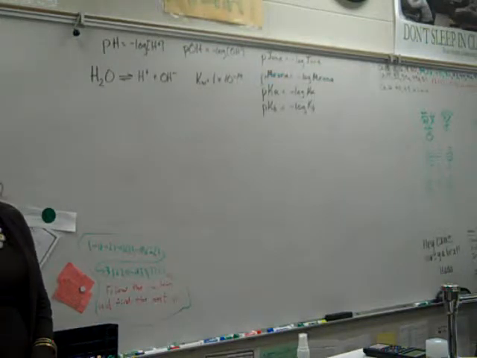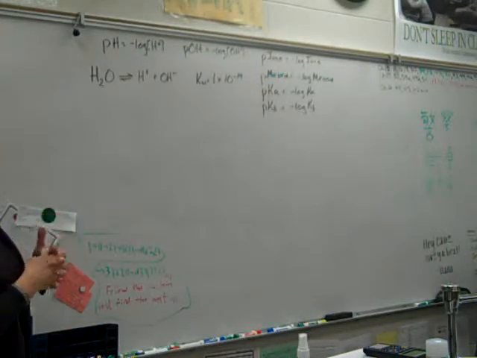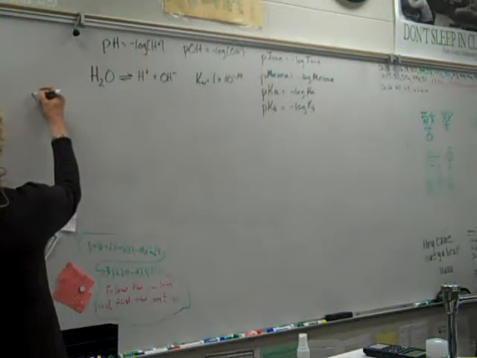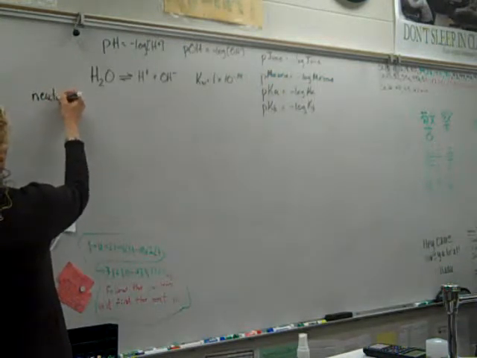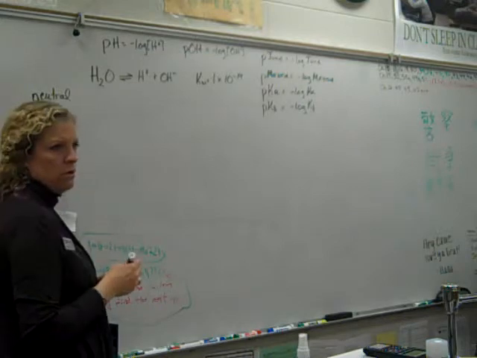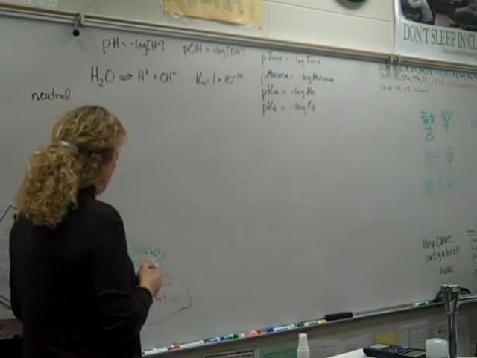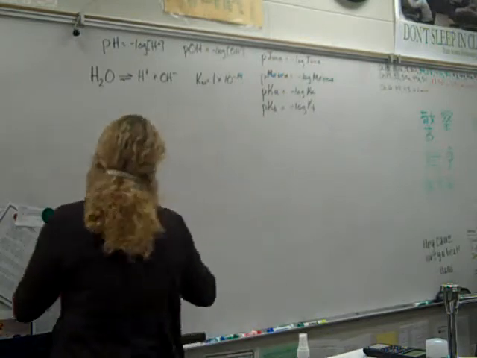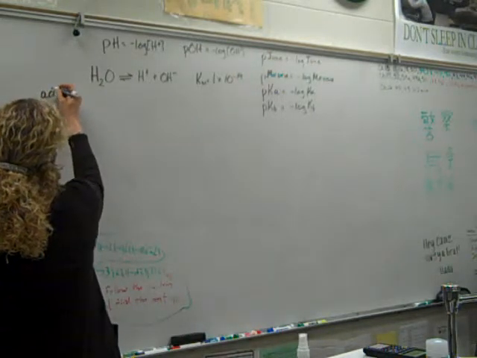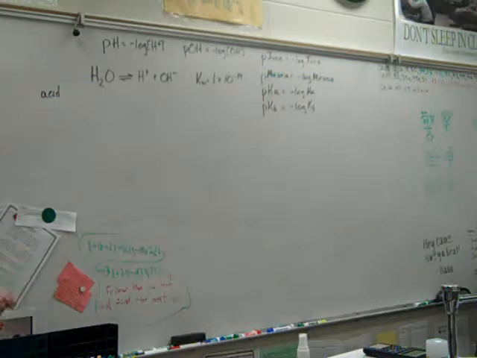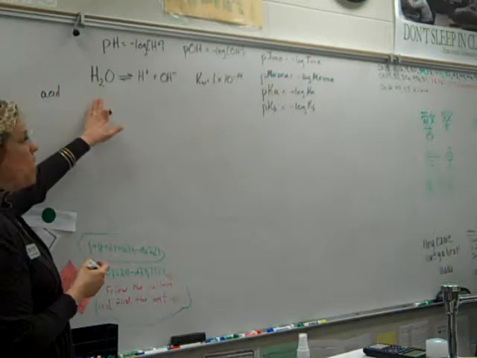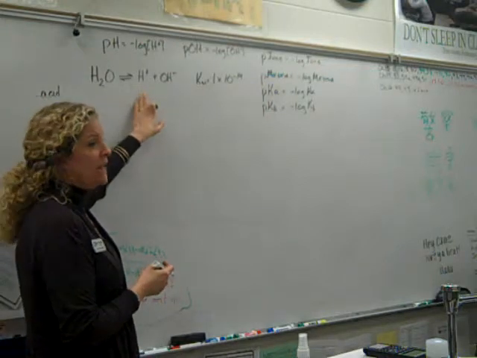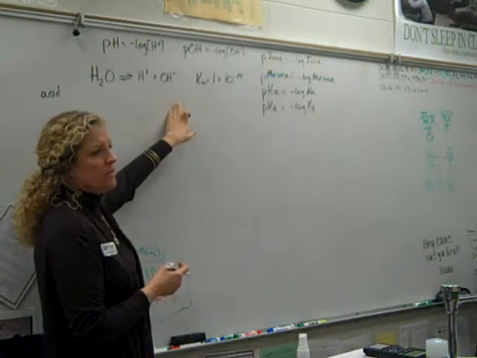Okay, so, I want to ask you, if we're talking about neutral water, actually, no, let's not start with neutral. If we're talking about an acid solution, believe it or not, it will have water in there, it'll have H plus, and it'll even have some OH minus in there.